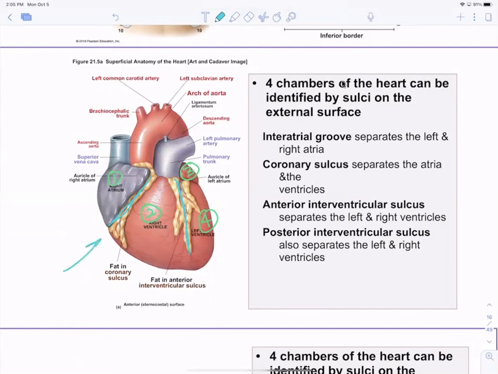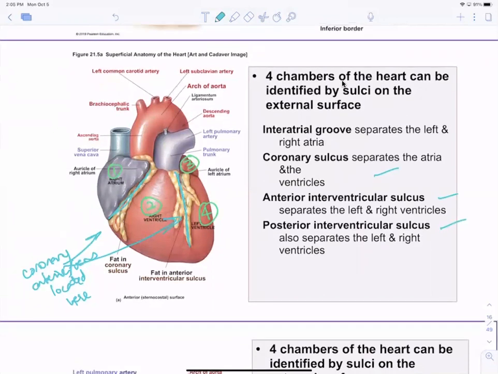Coronary arteries tend to reside in these sulci, and veins. And so this kind of goes through the coronary sulcus, and then there's an anterior and a posterior interventricular sulcus. Again, you have to know the anatomy.